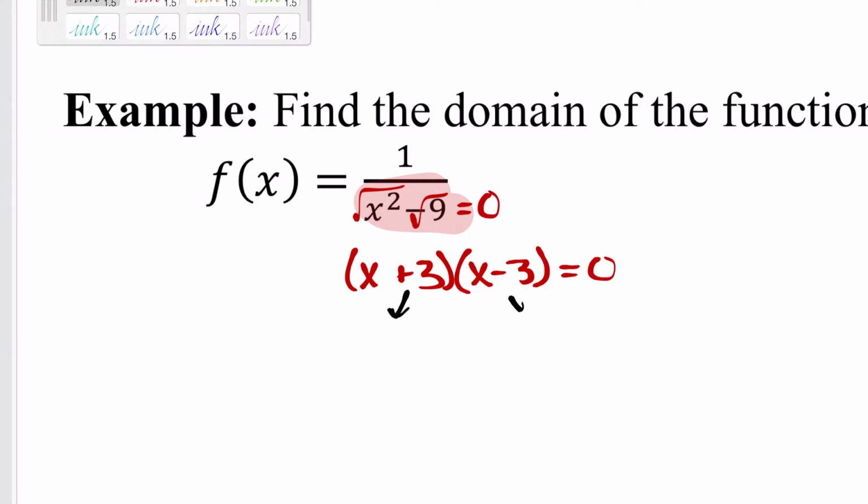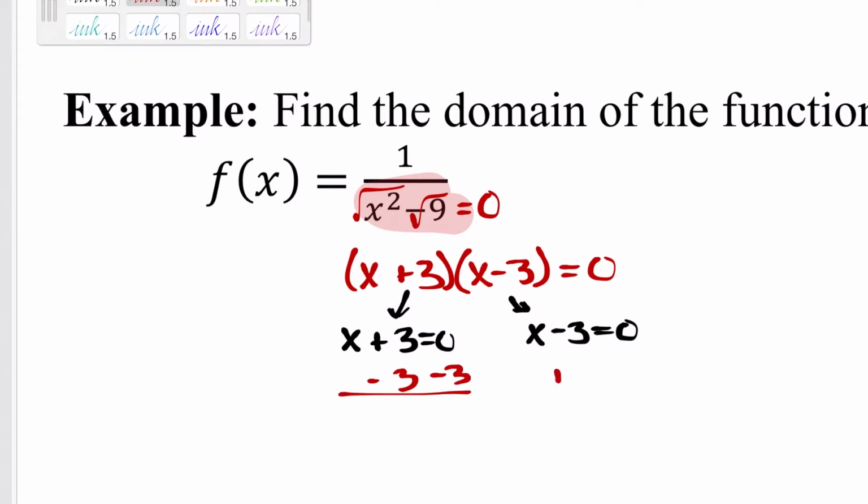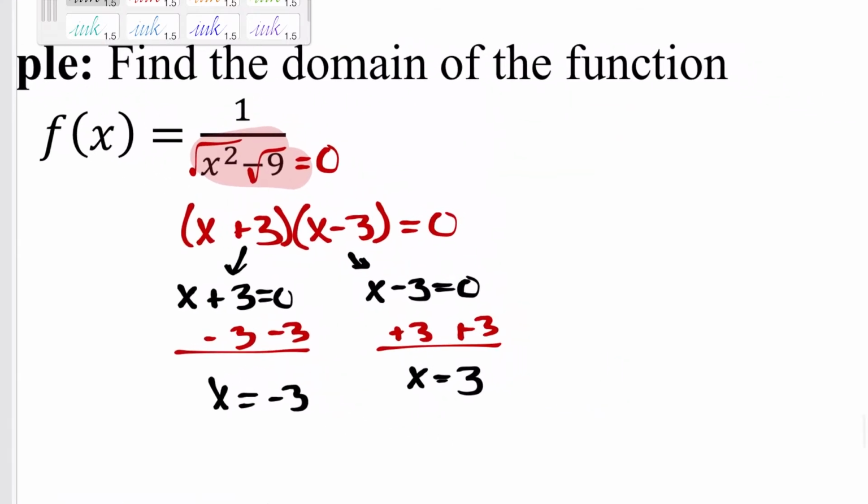Then I separate these two and set them equal to 0. So here I have two situations where my denominator would be 0 if I plugged in these x values. That means my domain is anywhere except where x is positive or negative 3.